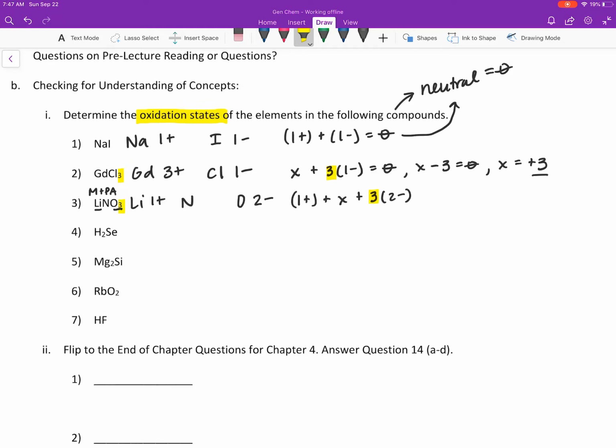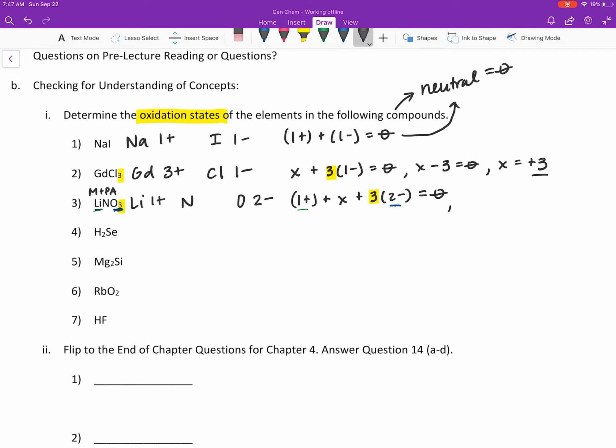Okay, so now I have a formula that I can say equals 0 because lithium nitrate is neutral, does not have an overall charge. And I know that lithium is 1 plus and oxygen is 2 minus, and so now I'm going to solve.